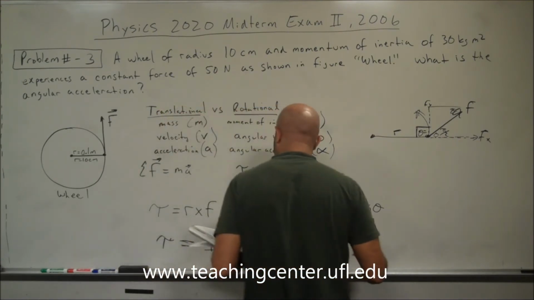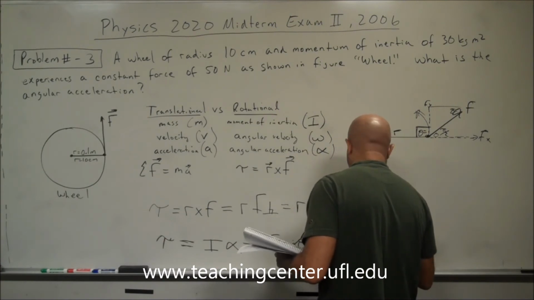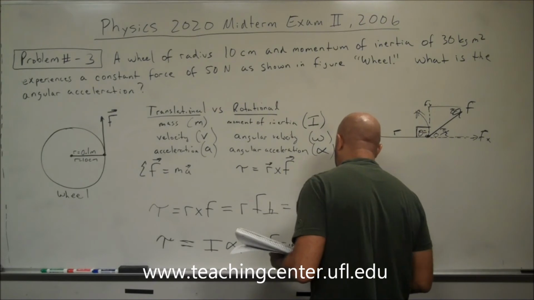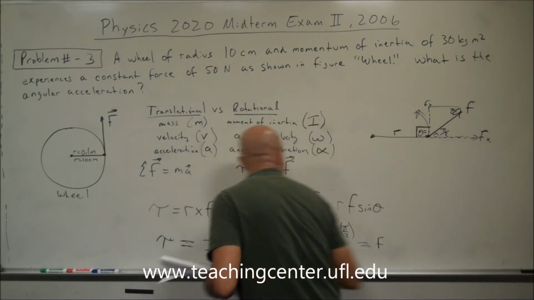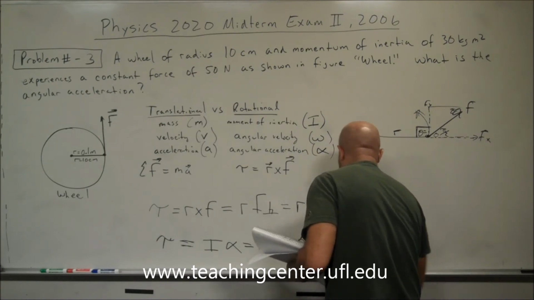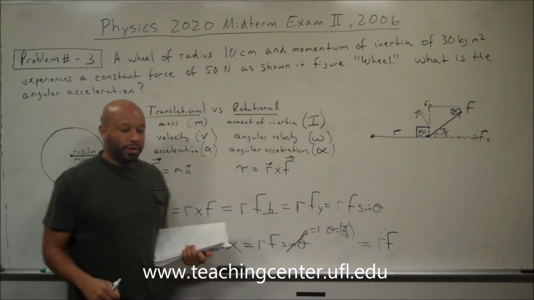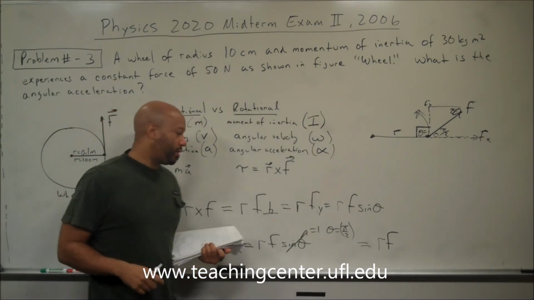All right, so this really is just equal to R times F. Okay, so it's just equal to the distance from the pivot point times the force that's applied.